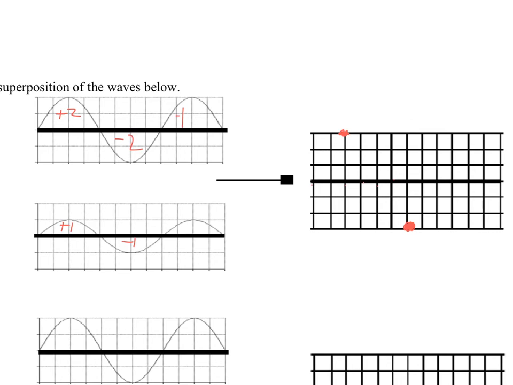Again, we have +2 and +1. I'm going to count from the right. So 2 boxes over from the right, and it looks like we're going to be about here. If I mark off my ending point for the wave and my beginning point for the wave, we can just fill in here. All right, that was pretty ugly. Let's do that over again. I'm just going to make it kind of like a triangle. Not ideal.